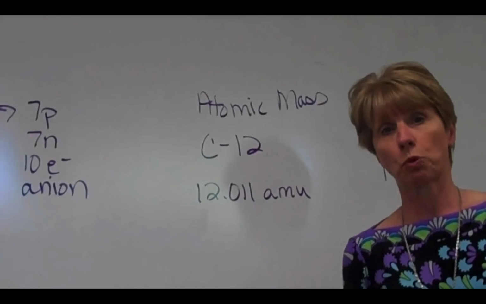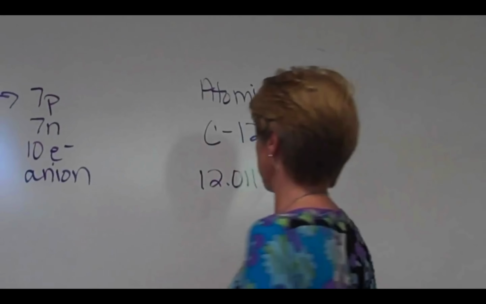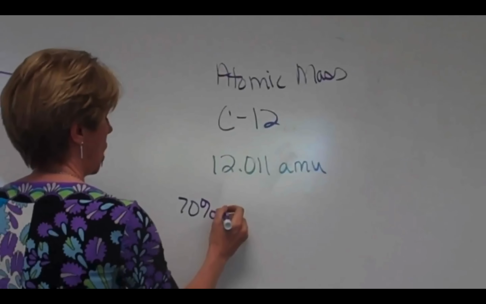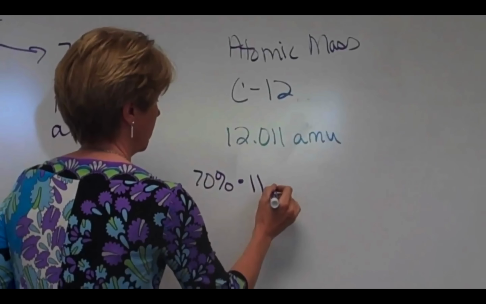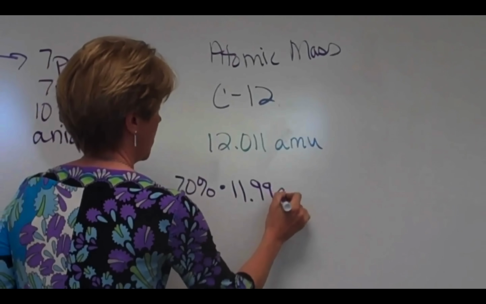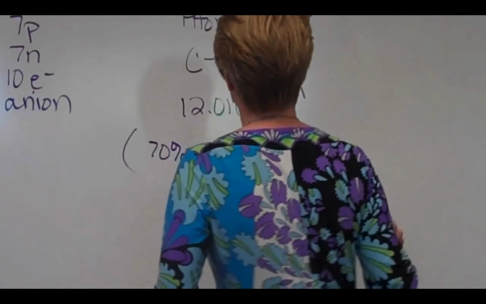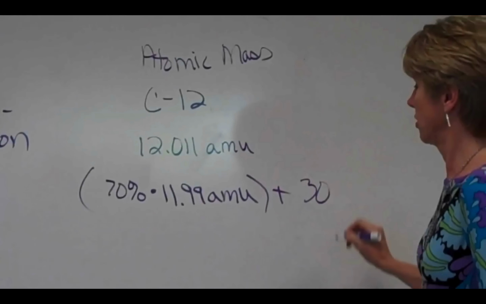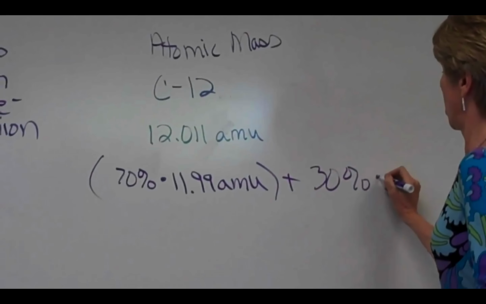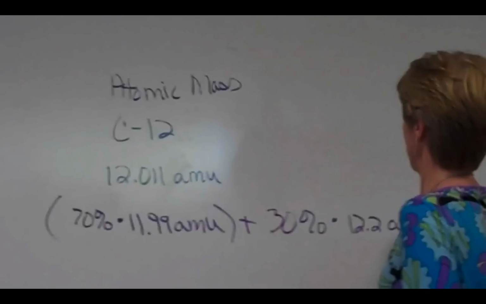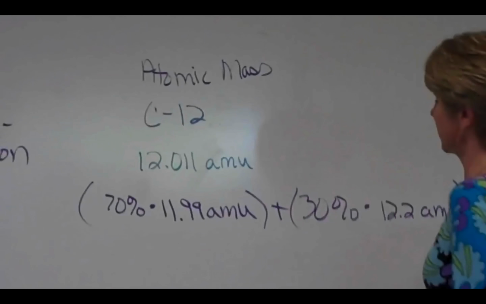Do you remember how to do this problem? This would be something like this. 70% times 11.99 AMUs plus 30% times 12.2 AMUs. Remember how to do this?